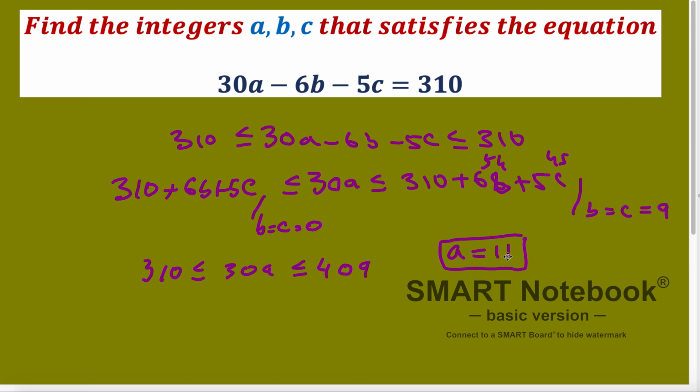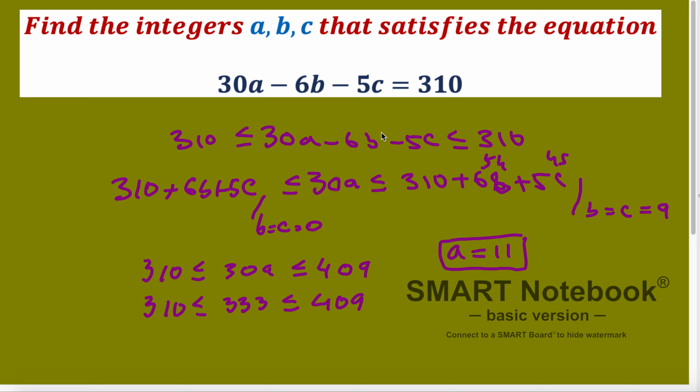So a is 11. Just for curiosity, 330 is greater than 310 and this is less than 409.